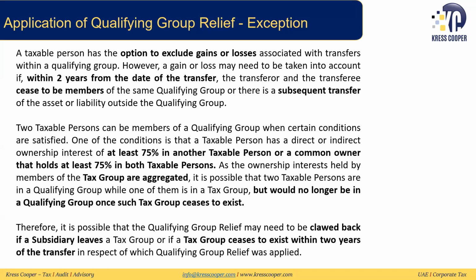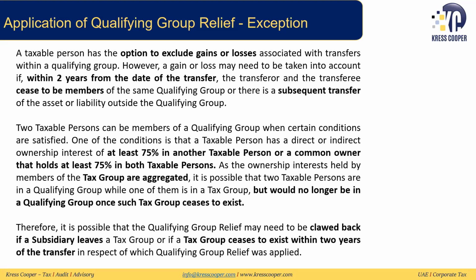So now, for example, when we're looking at this ownership condition, where at least 75% ownership needs to be met, or common ownership should be there of 75%, this will be looked at for the group as a whole and not individually. So it might be possible that there is a person who is meeting this condition just because it's part of the tax group.